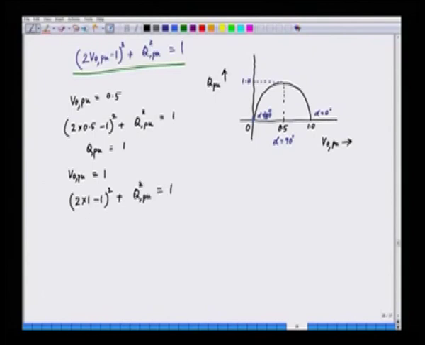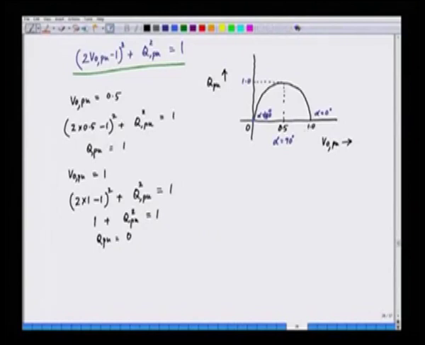So, 2 minus 1 is equal to 1, plus Q per unit square is equal to 1, or Q per unit equal to 0. So, when we want to obtain the maximum possible voltage, the reactive power requirement is 0.